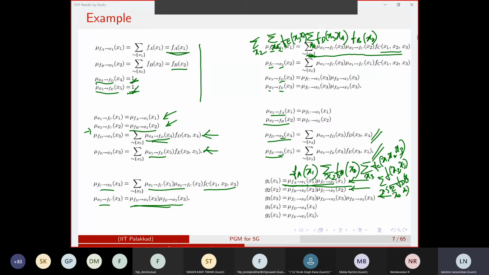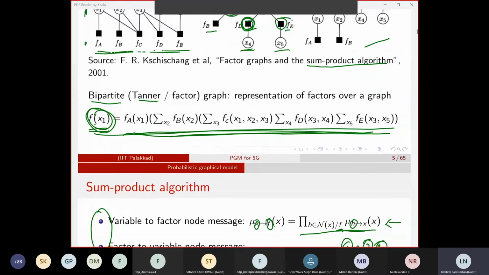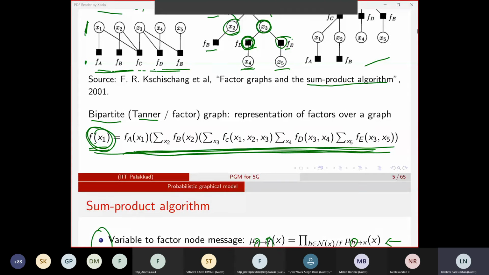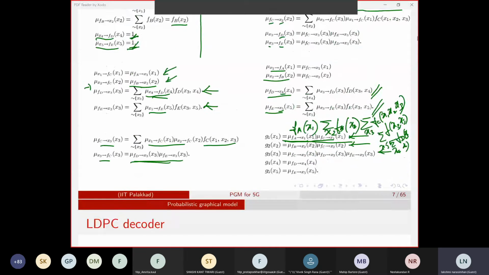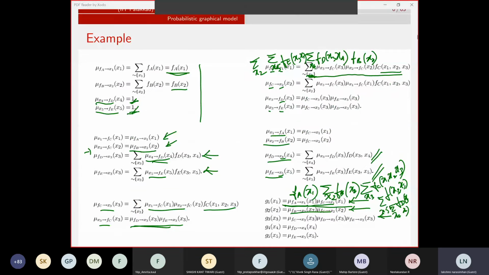Sorry, my handwriting, I'm just trying to fit in this area. This is exactly the same as what we had seen before here. If we expand each and every message here, it will be interesting to see that all these messages would have exactly given you the marginal values for each and every individual variable that we have.